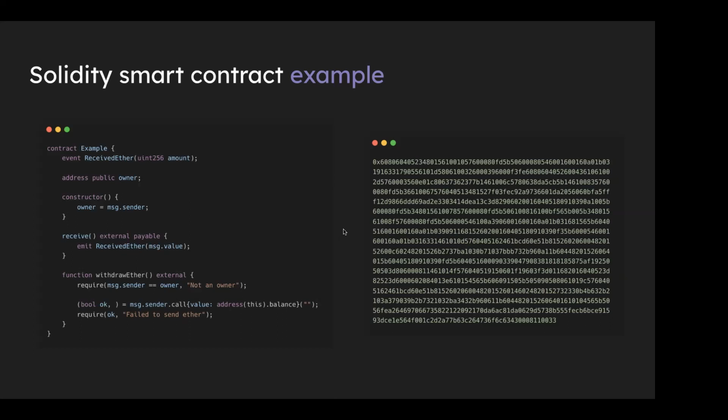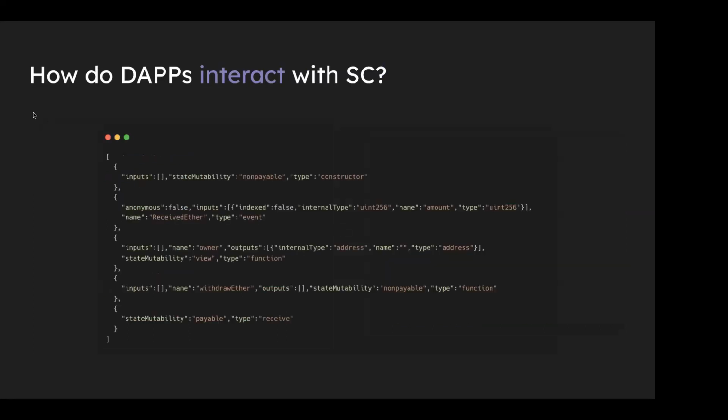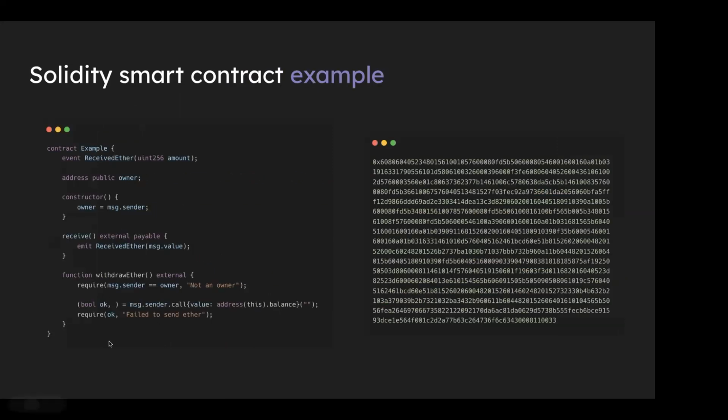Okay. Then there is a question. How do decentralized applications interact with smart contracts? So we have this smart contract that is compiled into the bytecode, and this is placed on chain.